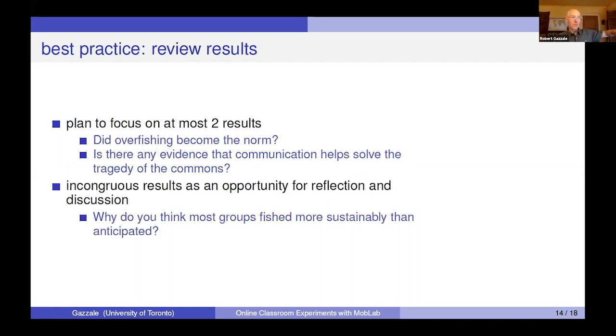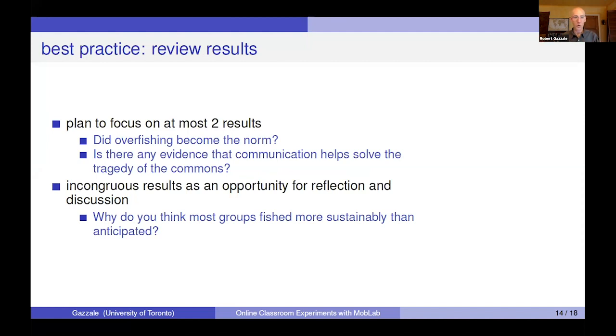The previous best practices were all about what to do before running the experiment. Let's think about best practices after the experiment is done. One thing that I've seen too often is instructors running an experiment and then just rushing past the results and trying to get on to more material. I think it's really important, after the experiment's done, to think about what had happened.